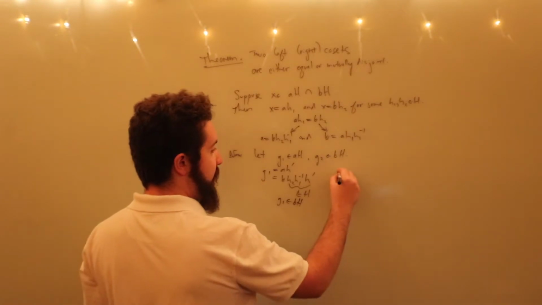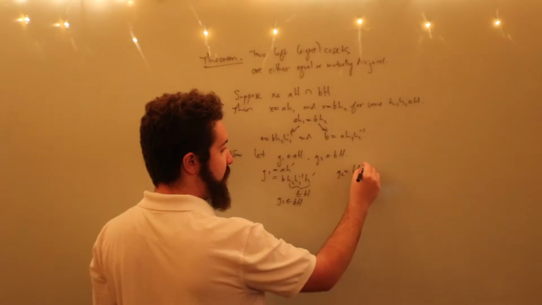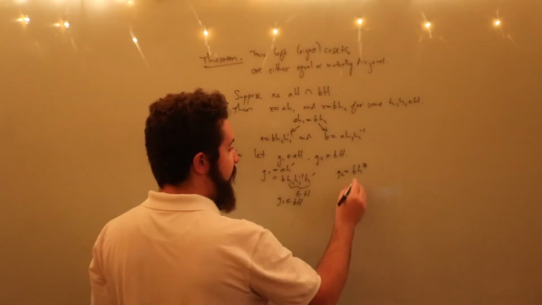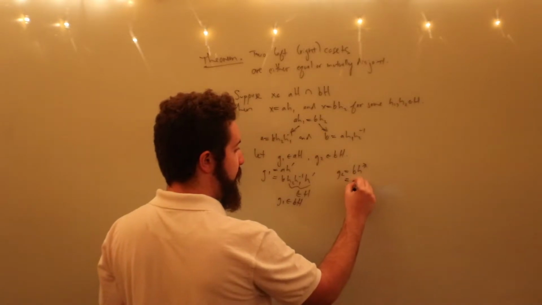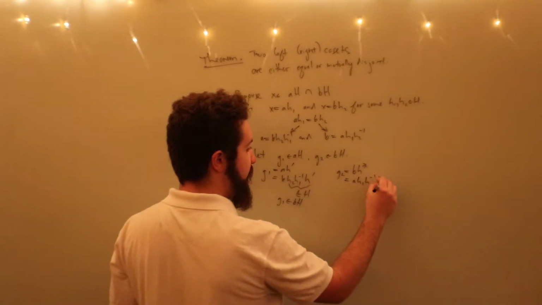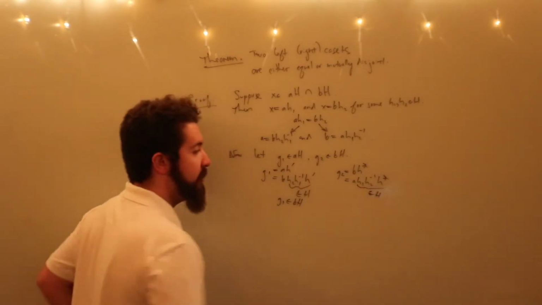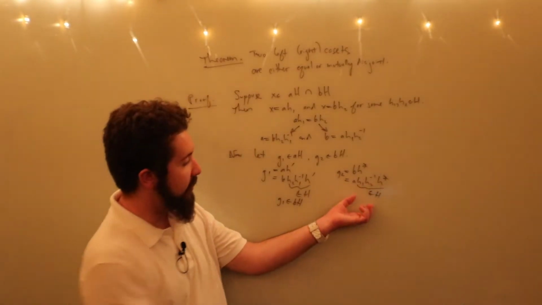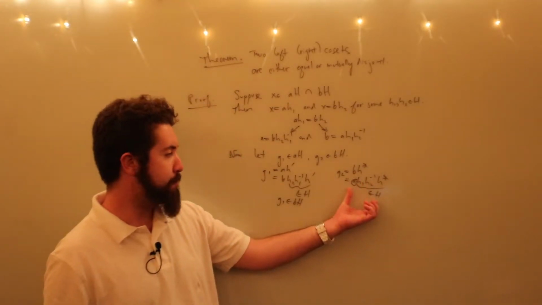Likewise, g2 has to be able to be written b times some h star, we'll say, and for b we have an expression, so this is equal to a h1 h2 inverse h star, and then this is going to be another element in H, so that g2 has to be in the left coset of H in G by the element a.